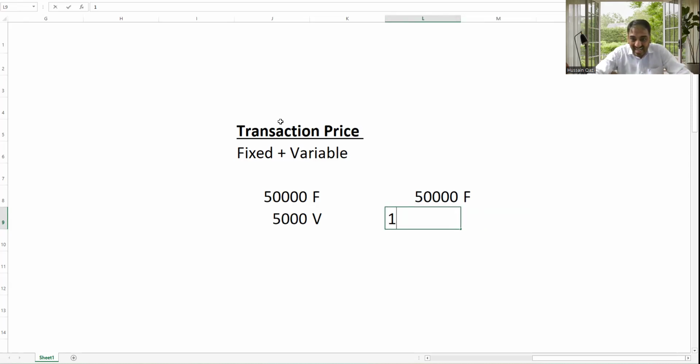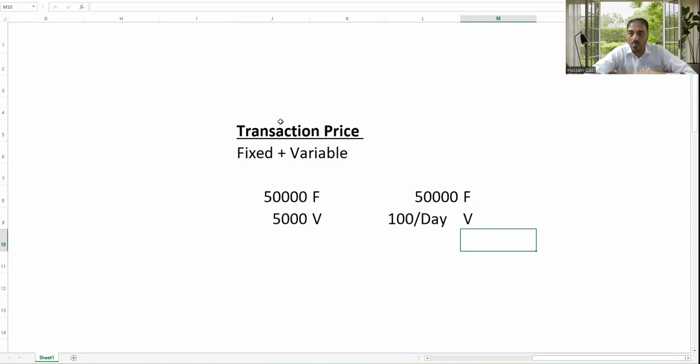So this $100 per day deduction is also variable consideration. So variable consideration doesn't only mean something extra, maybe a deduction as well.